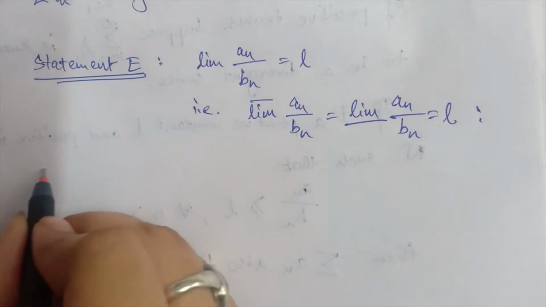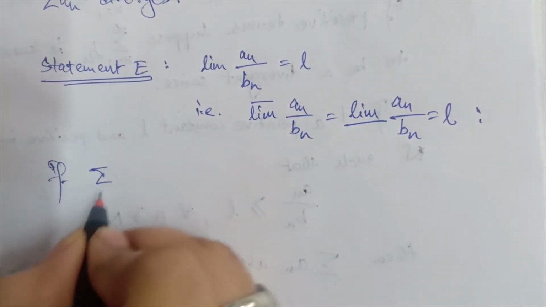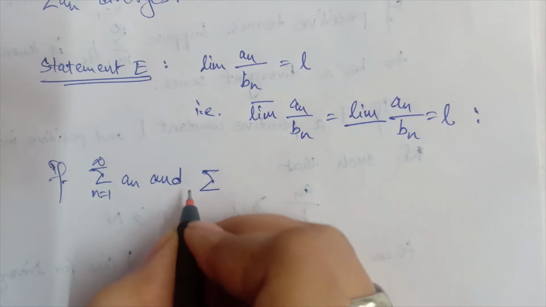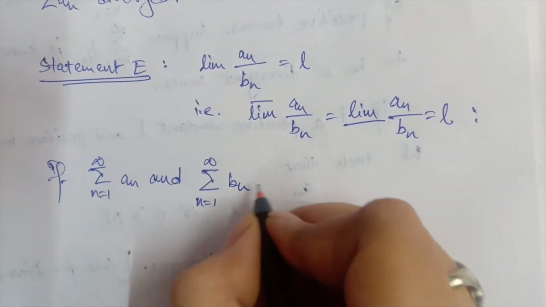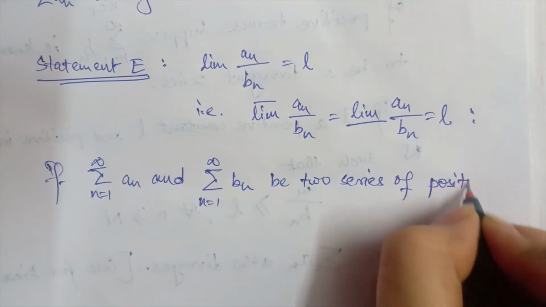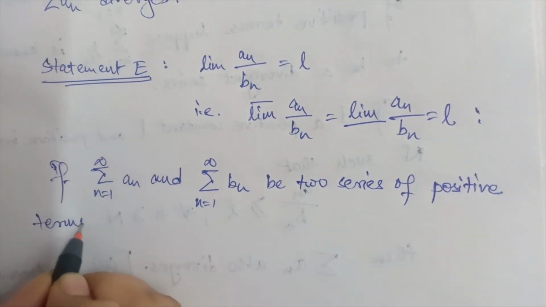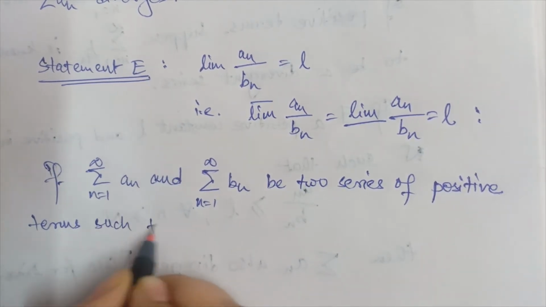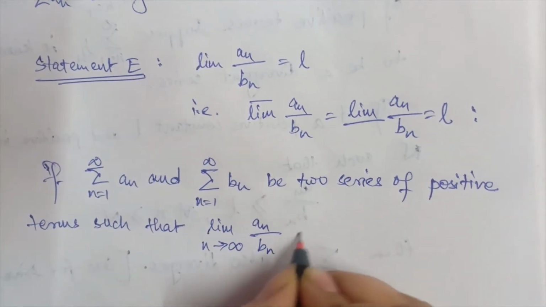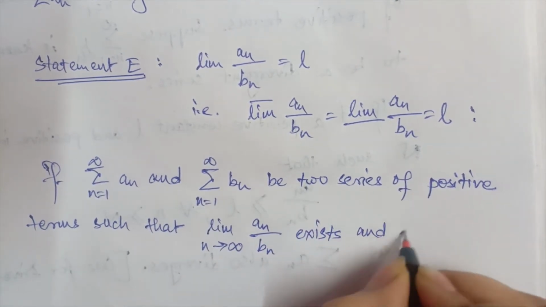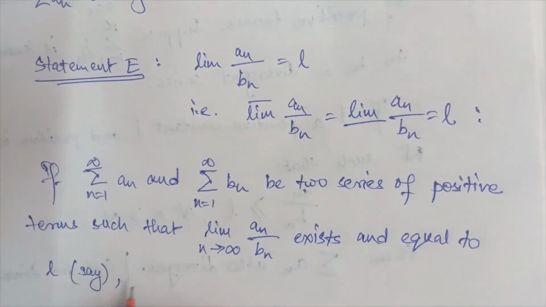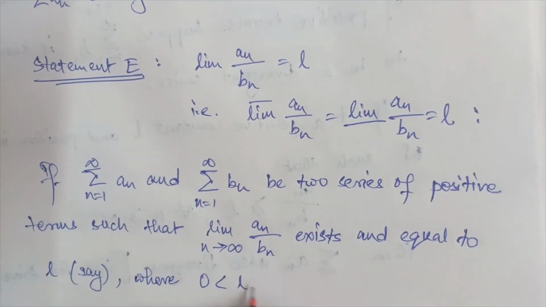The statement is, if summation n equals to 1 to infinity an and summation n equals to 1 to infinity bn be two series of positive terms such that limit n tends to infinity an by bn exists and equals to L, say, where 0 is less than L less than infinity.